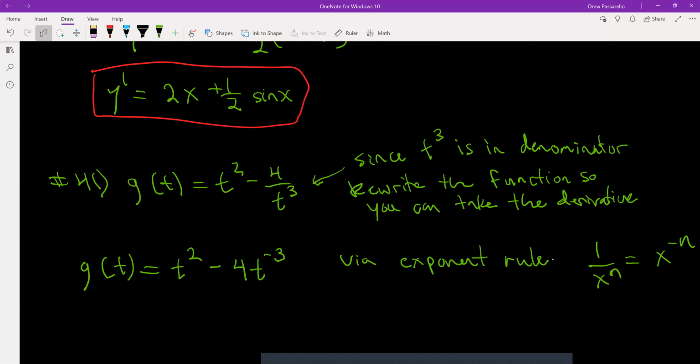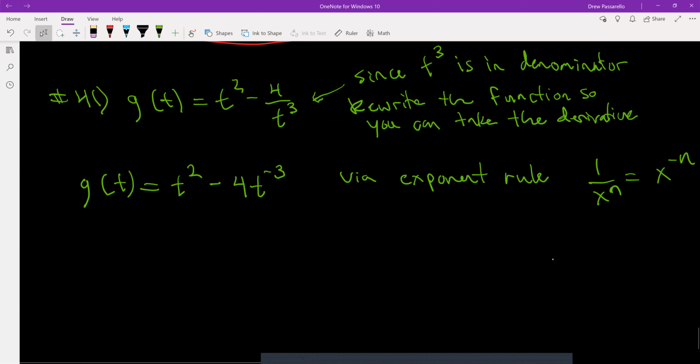Now I apply the power rule. So for t squared, applying the power rule, that's going to be 2 times t to the 2 minus 1. Then the negative 4, I factor that out, and then apply the power rule to t to the negative third. So the exponent's negative 3, so I drop that down.